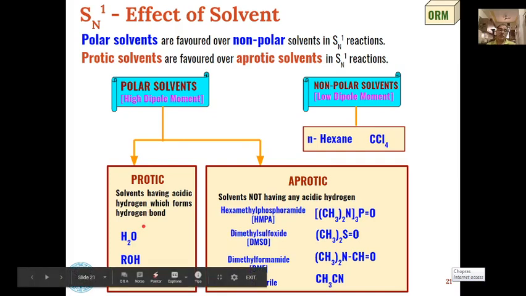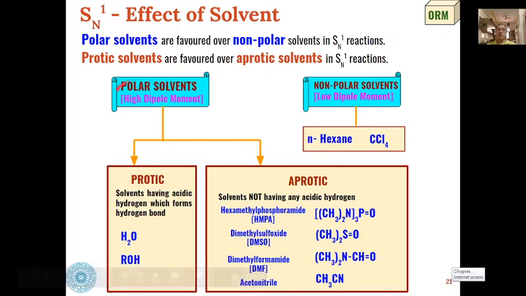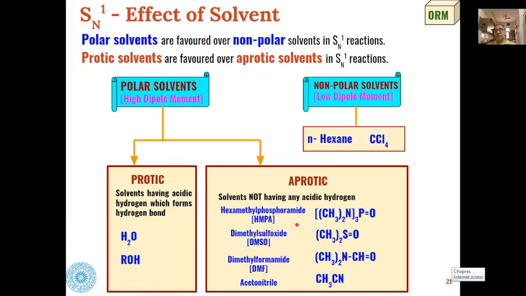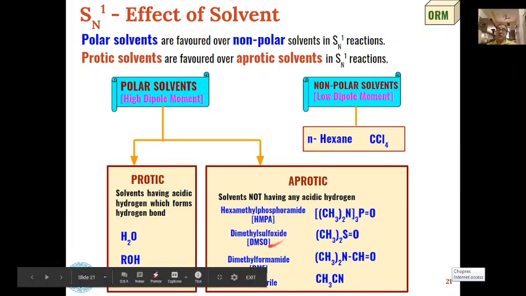Among the protic polar solvents are water and alcohols, and here the rate of SN1 reactions will be higher in comparison to aprotic solvents like HMPA, hexamethylphosphoramide, dimethyl sulfoxide, dimethylformamide, or acetonitrile. They will have a lower rate of reaction in comparison to water and alcohol, that is, protic polar solvents.